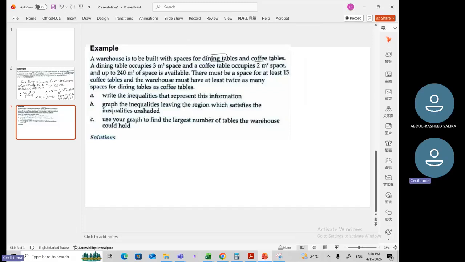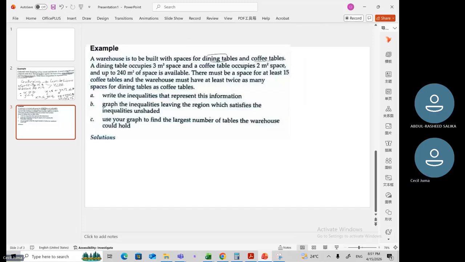So you have two things, a dining table and a coffee table. But you don't know how many dining tables and how many coffee tables can fit your room. But you want to have as many dining tables and as many coffee tables as possible. So to achieve that, you need to optimize and see how many dining tables I should have in this room, how many coffee tables I should have in this room.